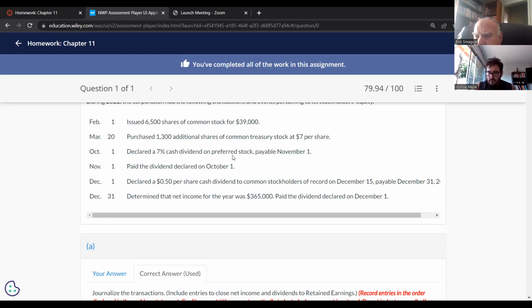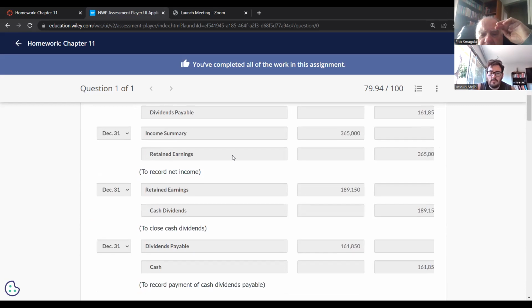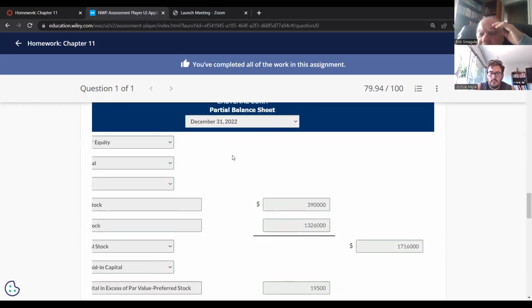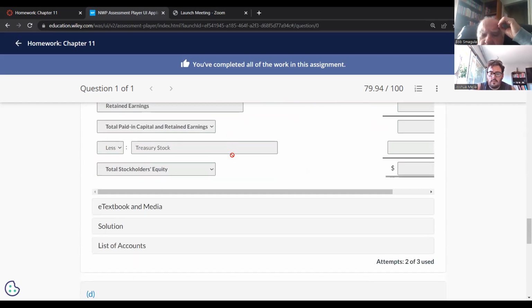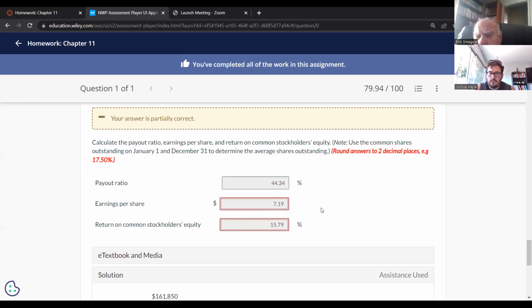And it's only connected to the preferred stock then? Yes. Not common stock? Right. Because if the company makes more money, the preferred people don't make a penny more. The only thing the preferred people are going to get is the percentage, 7% or whatever it was. It's like a bond.